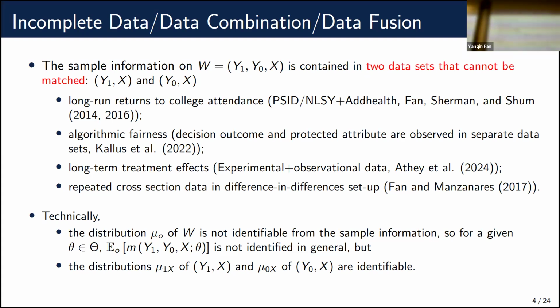Then the question is what can we do? And that's the second part, where partial identification comes in.